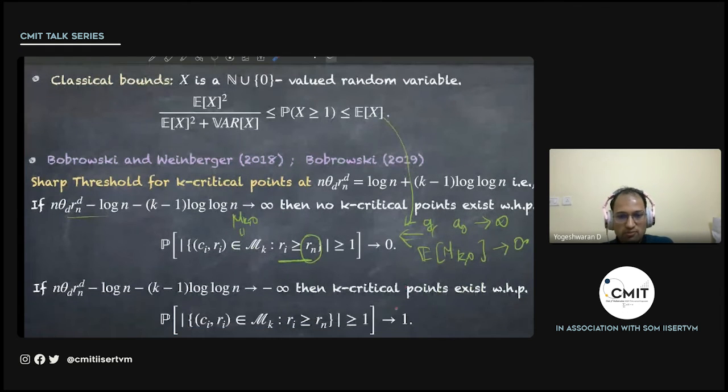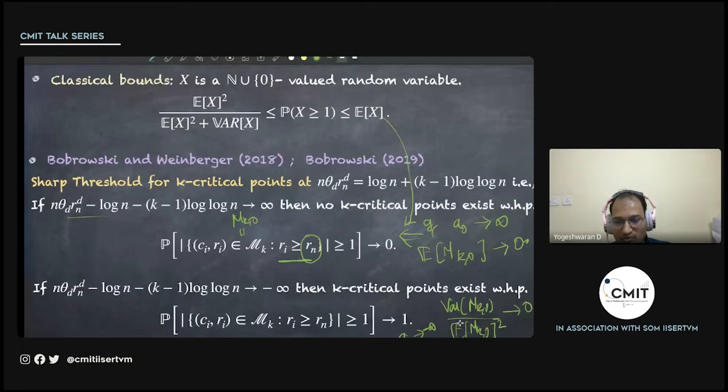And now the other end, when this is going off to infinity, that is, Rn is going to 0 actually quite fast. Then what is happening is that there is always a critical point. Because here what you prove is that the variance of mk naught divided by the square of the expectation of mk naught goes to 0, as A naught goes to minus infinity.